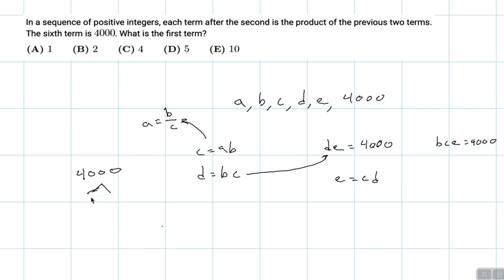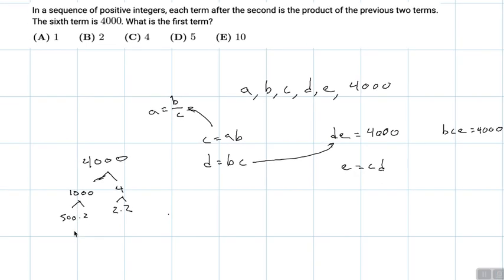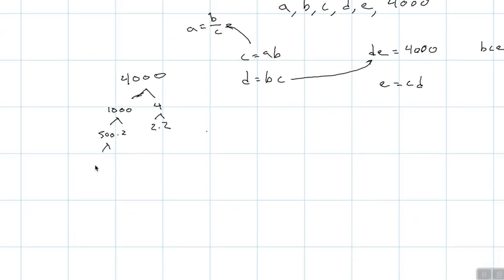So 4,000, if we break it down into its prime factorization, is 2 to the fifth times 5 to the third.